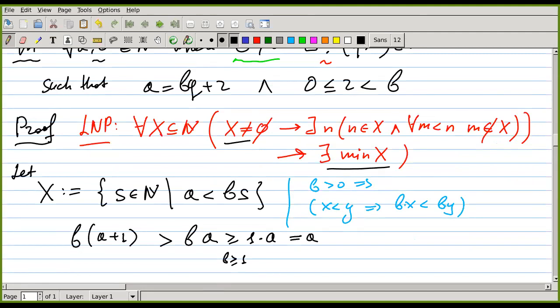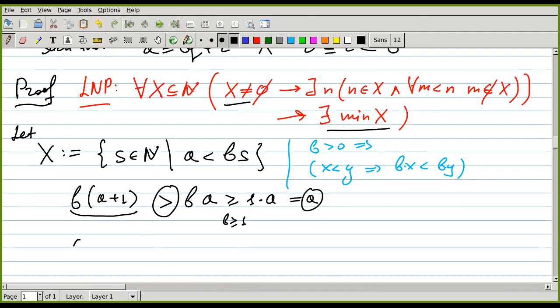So we have that this number b multiplied by a plus 1 is greater than a. So we have at least one such number. a plus 1 belongs to the set X. Is it clear? Then X is not empty.